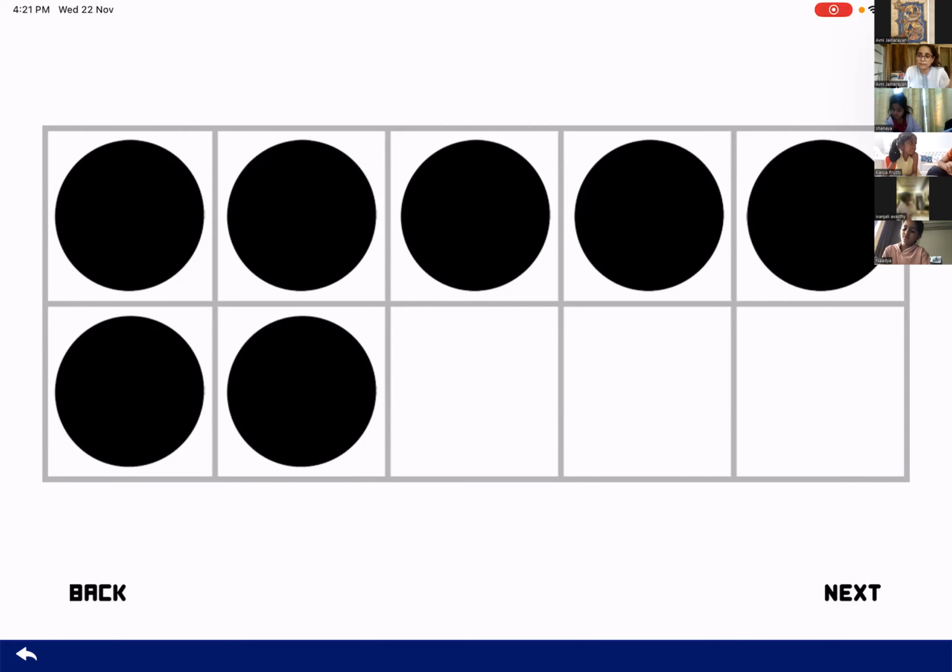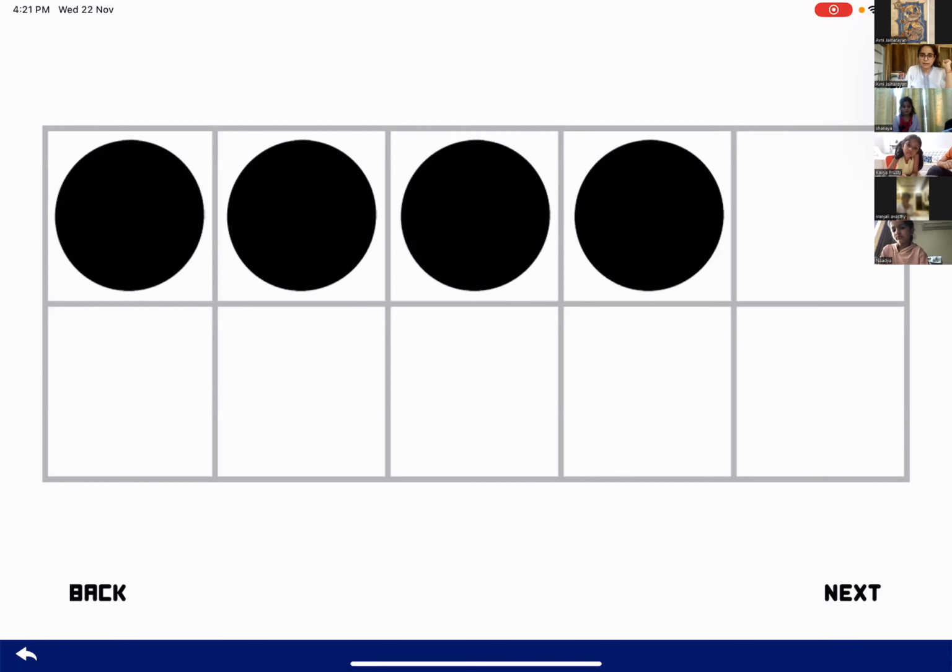So 5 and 2 is? 7. Yes, everybody work. Next. Now, here, if we have all the first row filled up, it's 5, but there is one empty space. 5 minus 1, 1 less than 5, it is 4. Next.